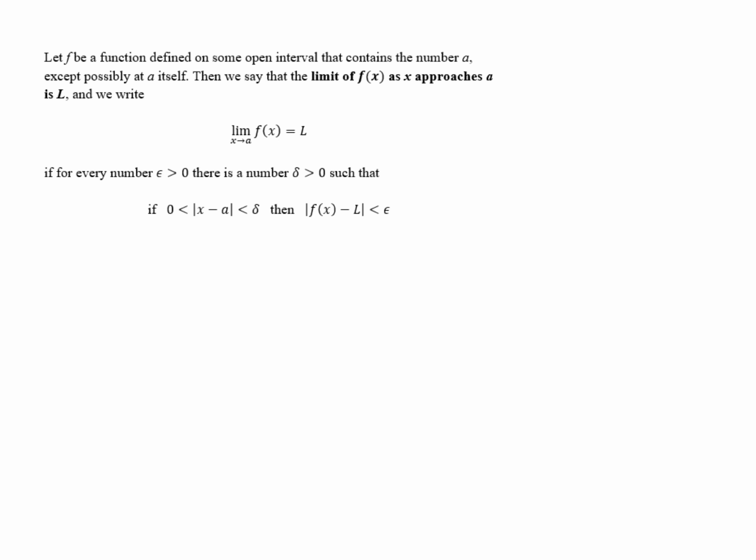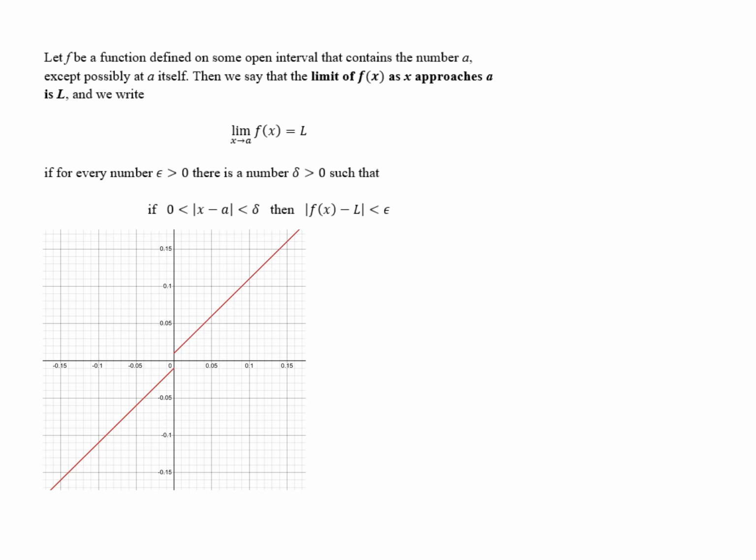Now, I want to look at those two example graphs that we had where it looked like maybe the limit existed, but it didn't, and show you how those two break this definition, how they break these rules. So for this first one here, remember there was this problem that we had a gap.